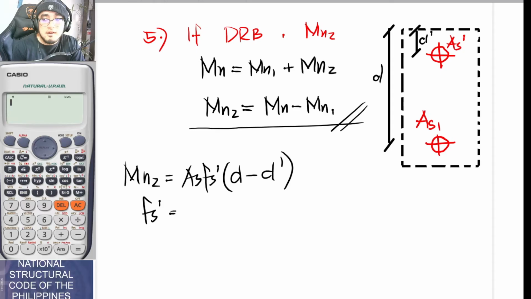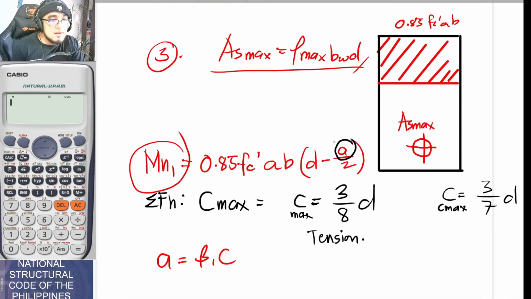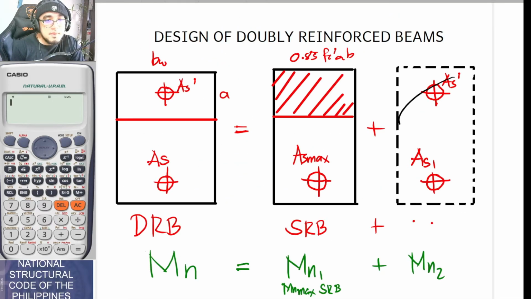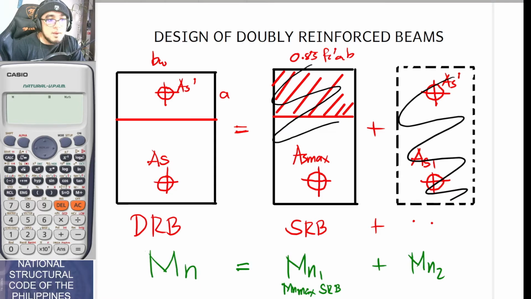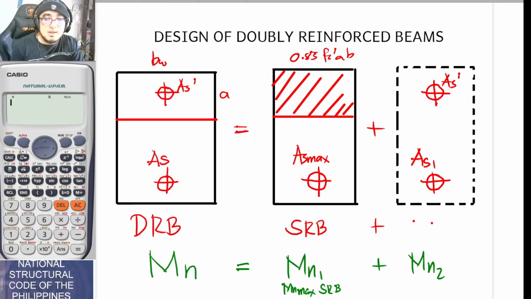So, guys, if you are wondering, hindi ba iba dapat yung C dito sa area na to compared to C max? Basically, guys, they should be the same since they are in one system. Magkasama naman kasi talaga sila. And if you are thinking that hindi ba mag-iiba yung value ng C neto if idagdag na natin to?